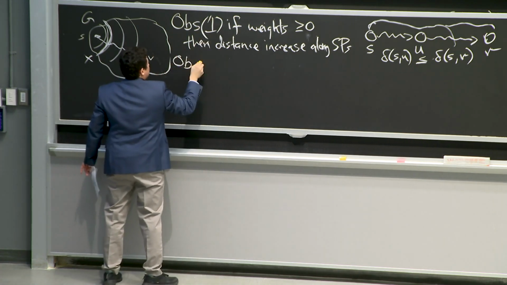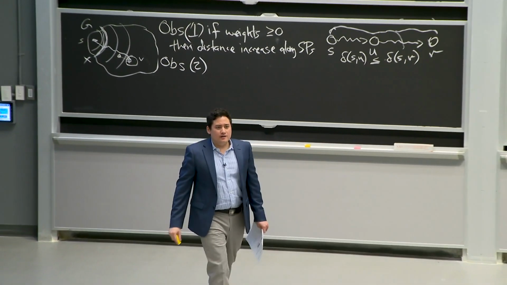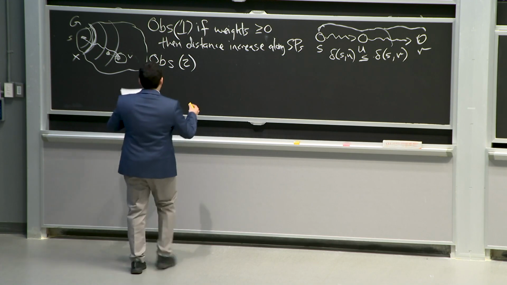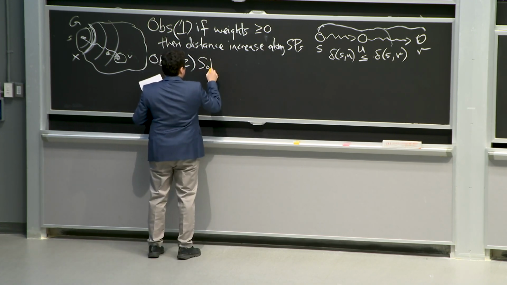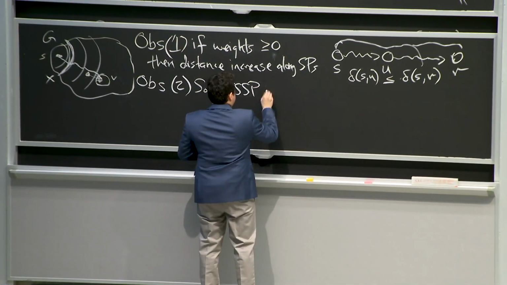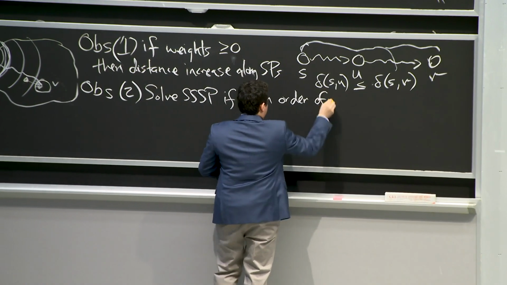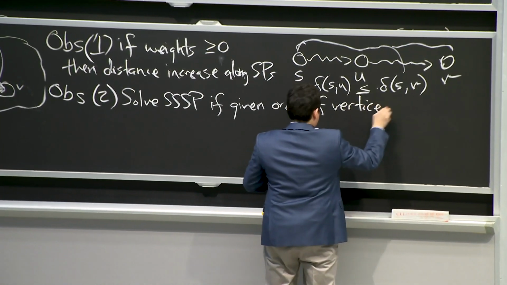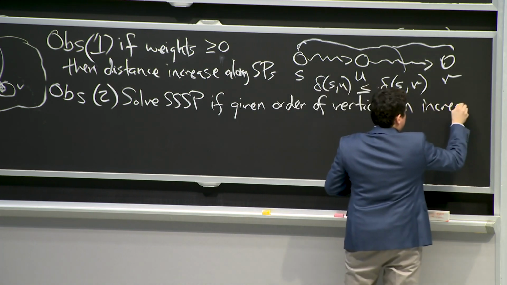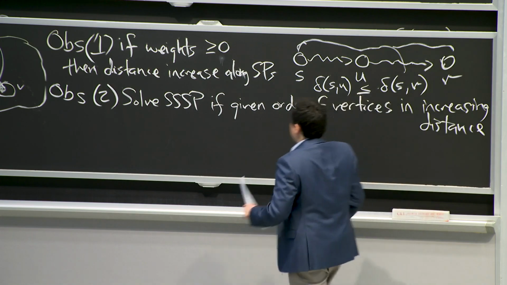Second observation. Well, let's see if we can piggyback on DAG relaxation. I claim to you that we can solve single source shortest paths faster if we're given the order of vertices in increasing distance from S beforehand.